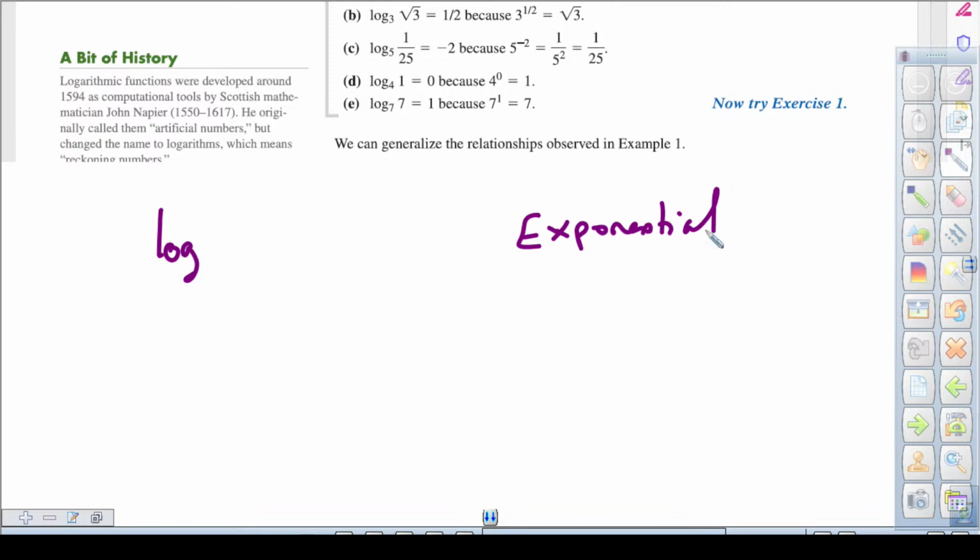How do I go from one to the other? From logarithmic to exponential function.